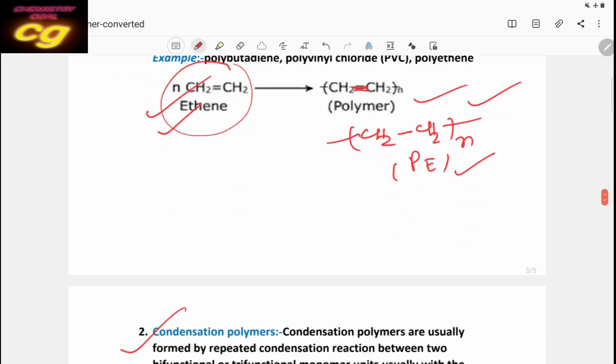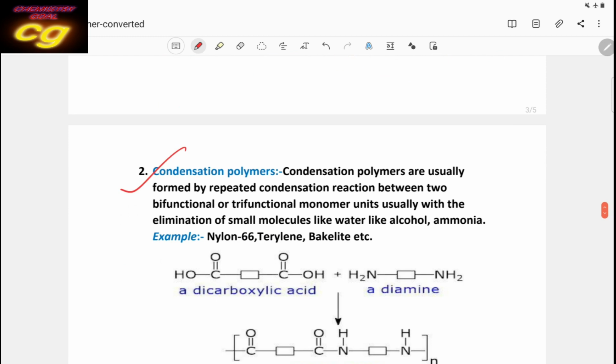Okay. Then condensation polymer. This type of polymer is produced from monomers having two or more functional groups. That means the monomer should have functional groups like alcoholic group, acid group, amino group.